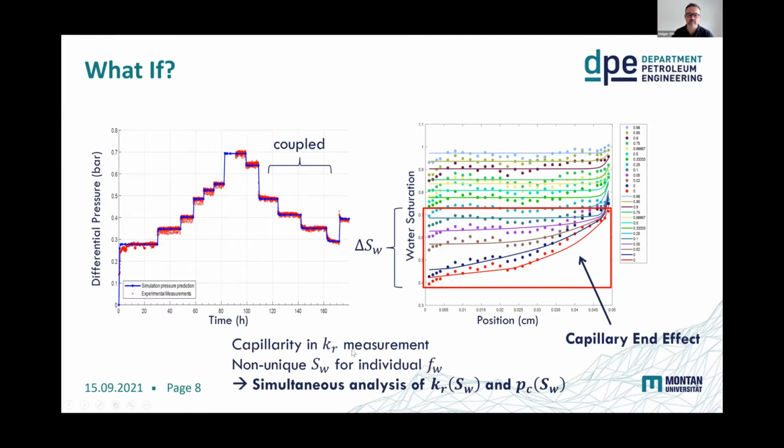This is crystal clear. So we would have to analyze this somehow in a combined way. And there is a non-unique SW for individual FWs. So basically what we need, of course, at the end, we know this, is numerical simulation, and we need to simulate simultaneously, and the information that we have to extract is KR and PC at the same time.